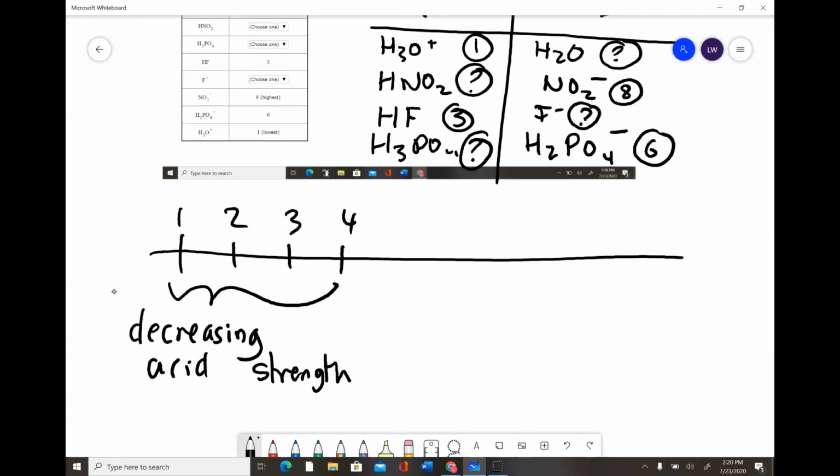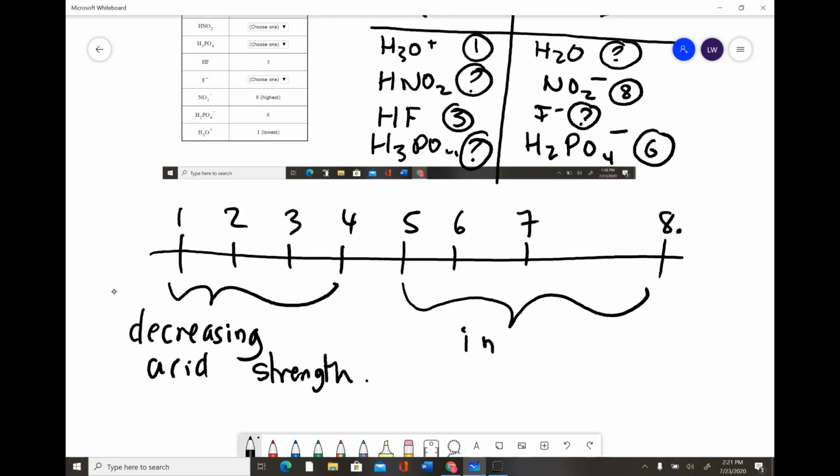Now, our most basic solution will be number 8, and species 5, 6, 7, and 8 are going to be our bases, keeping in mind that number 8 is our most basic one, in order of increasing base strength.